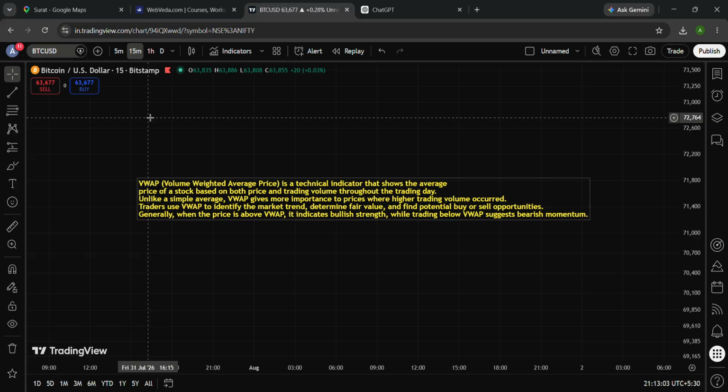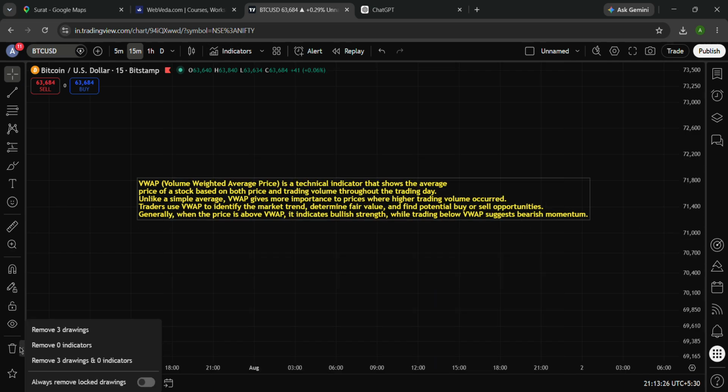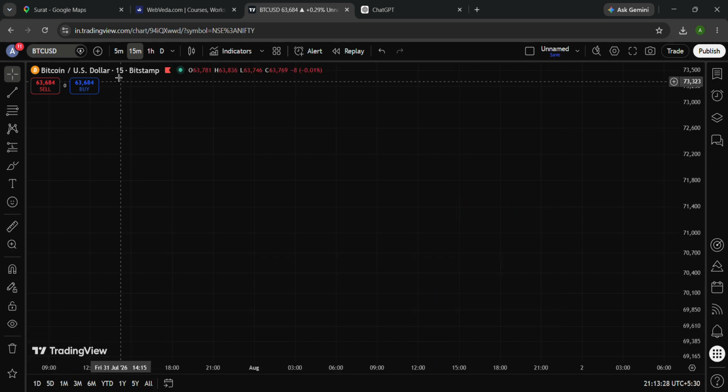If the price is above the VWAP line, that becomes a selling signal for us. Why is it happening? Because over the longer term, it is seen that the price always sticks with the VWAP line. If I show you exactly, let me delete everything from the chart.